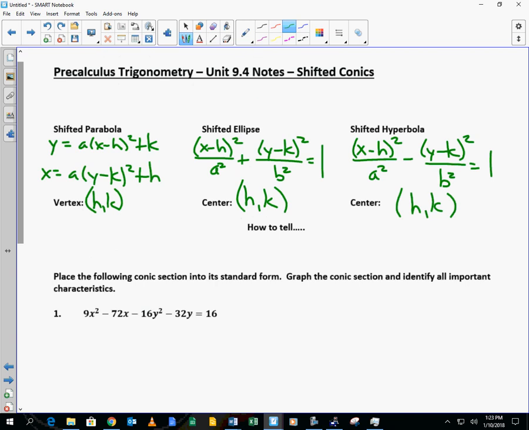So let's look at what makes these different. How is the parabola unique from the other two? You're going to have x and y squared, or you're going to have y and x squared, but they're not both going to be squared, are they? That is the key difference between parabolas and the other two.